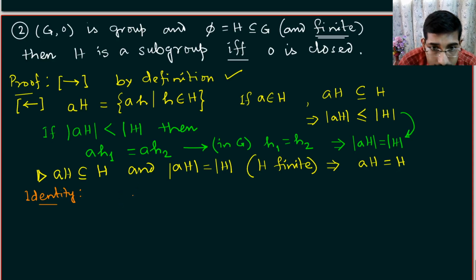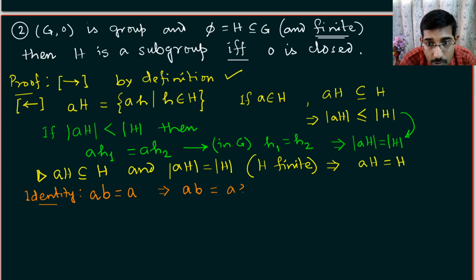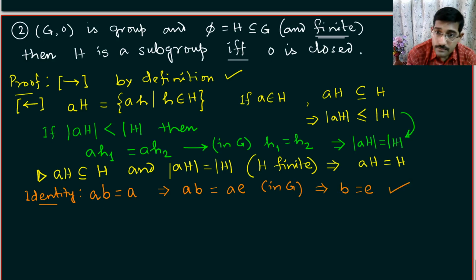So let us say that for an element A in H, I got some element B by operating with B. Now A, B are all elements in G as well. So in G, I know that when I operate A, B, it also becomes AE, because these are all part of G, which means B is my identity element and the identity exists.